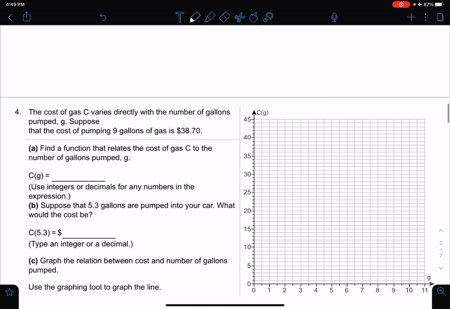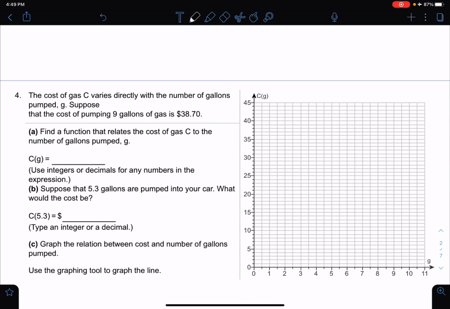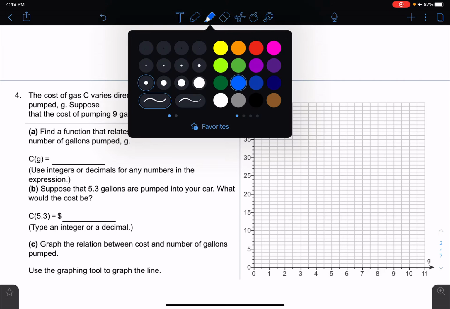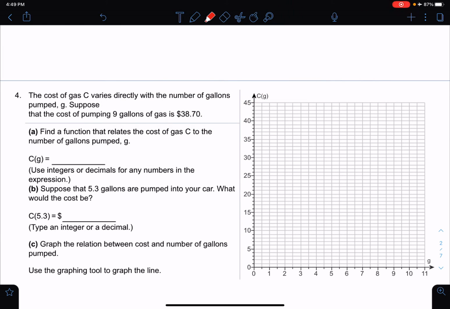Okay, and now we're going to do a problem that is more of a word problem. It has kind of a situation background going on here. So we need to go in and first identify what kind of problem it is. It says the cost of gas C varies directly with the number of gallons pumped G. I can't see past my fingers, so I'm going slow.